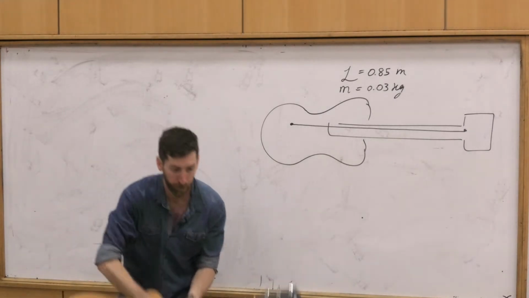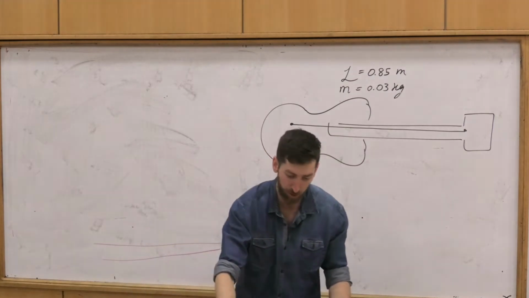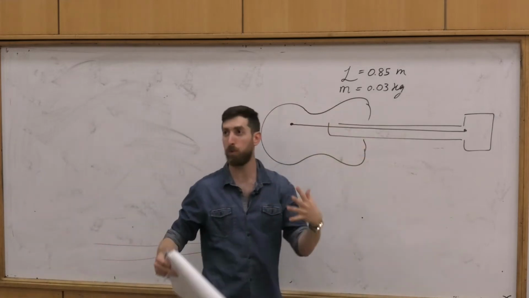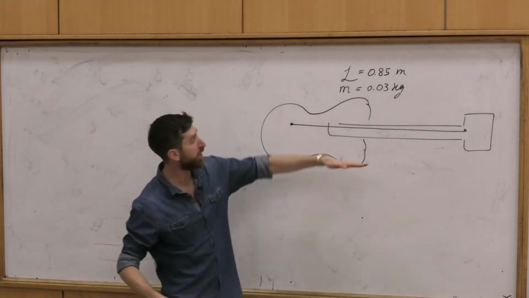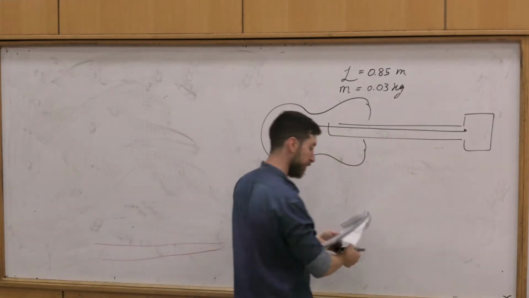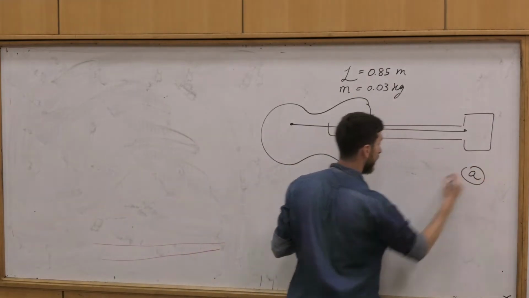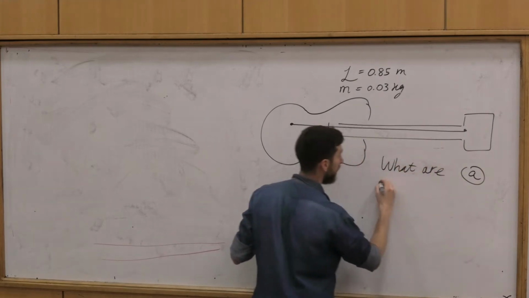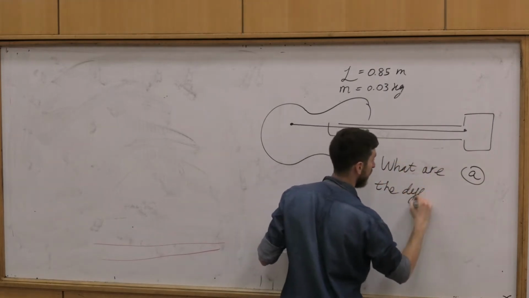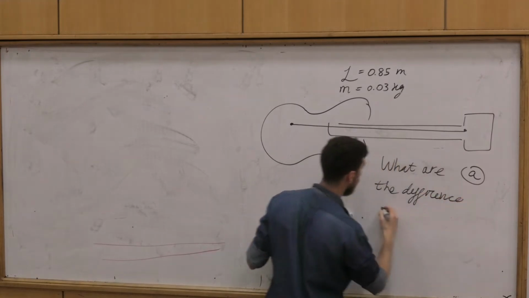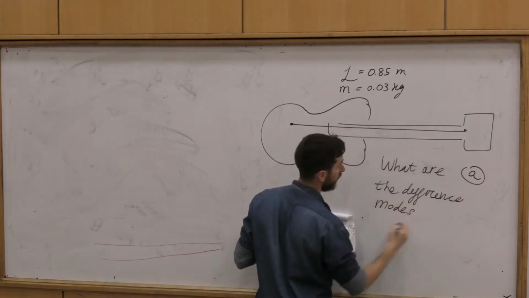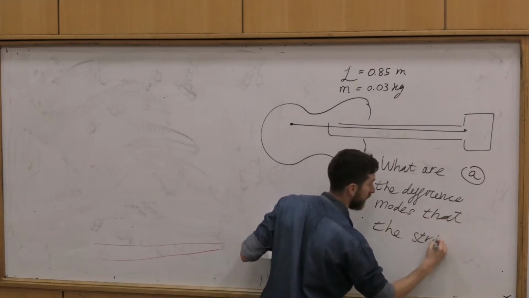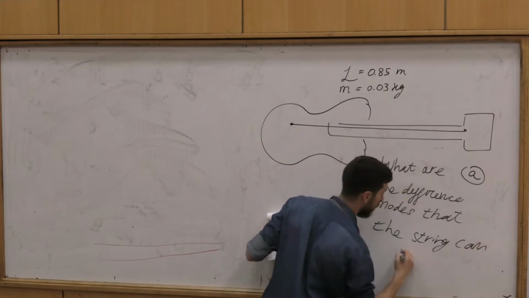Good. So the first question I want to ask you: what are the different manners, in a more professional word, what are the different modes that the string can move? So A would be, what are the different modes that the string can move?